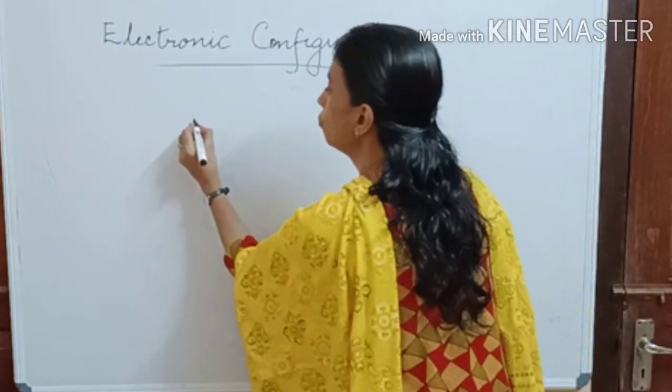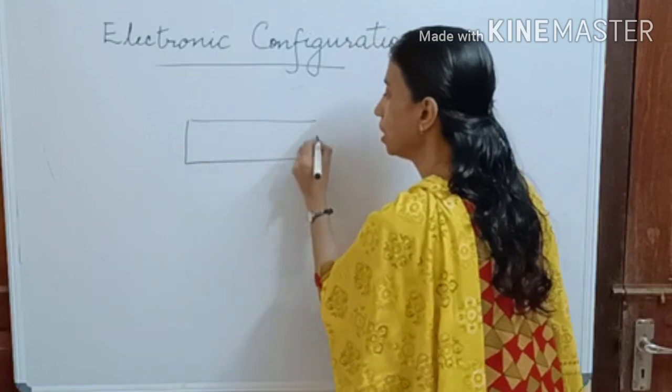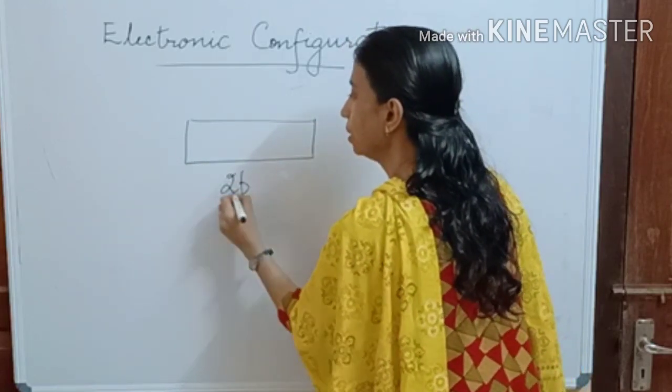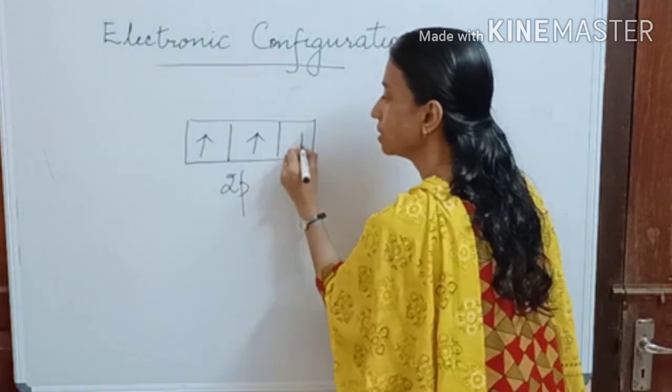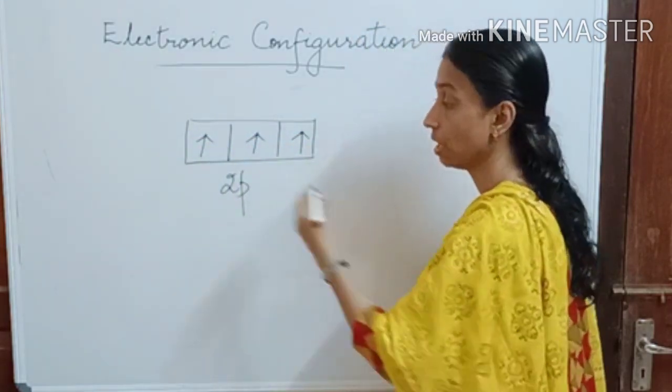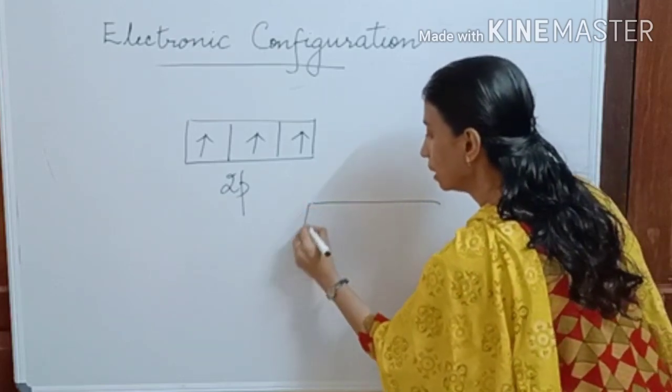So here, if you take the case of 2p orbitals, if it is half filled, it has an extra stability. Same as the case with 3d.